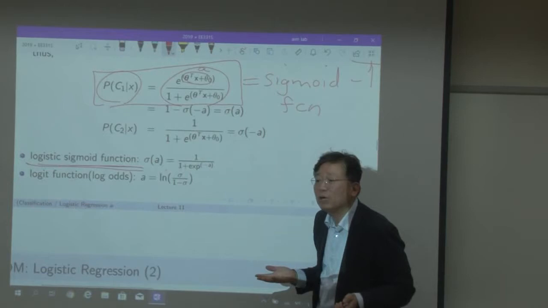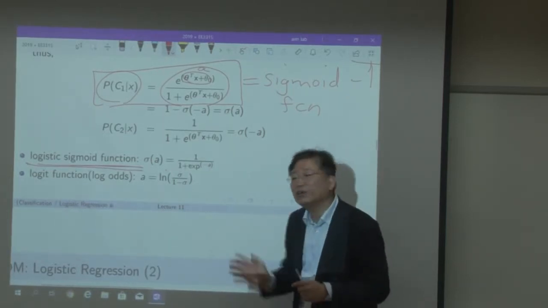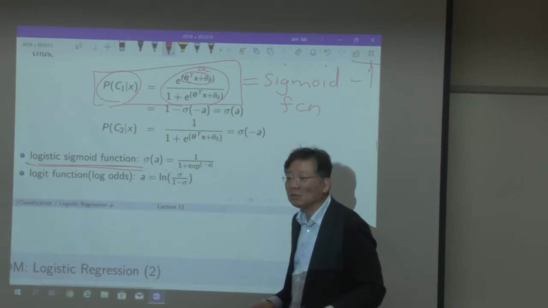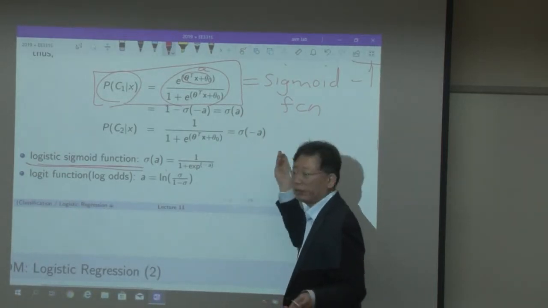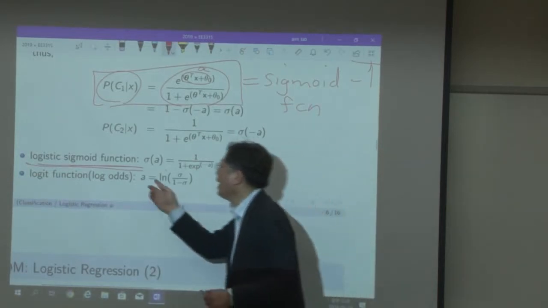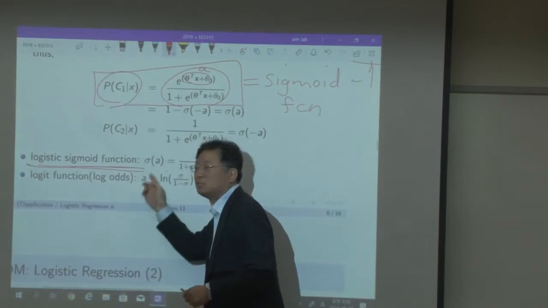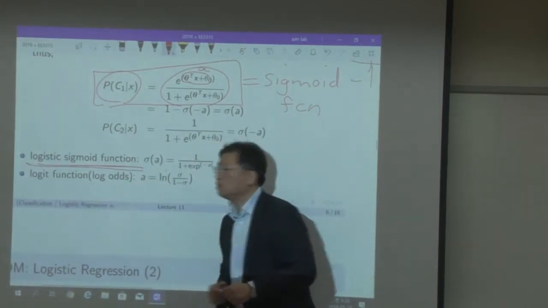It has to be equal to 1, right? Given the data, it's either class 1 or class 2. If you add those two. Okay? And another word for A, in terms of the sigmoid, we call it the logit function.